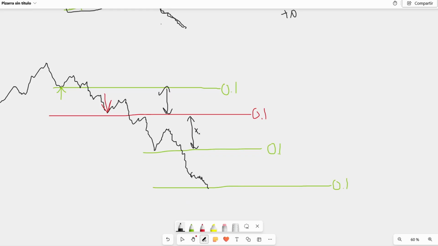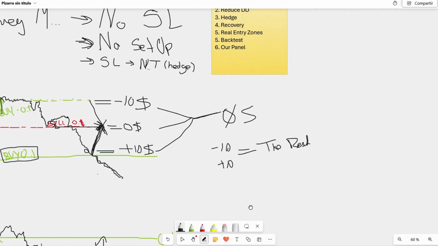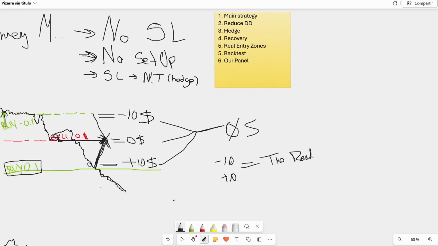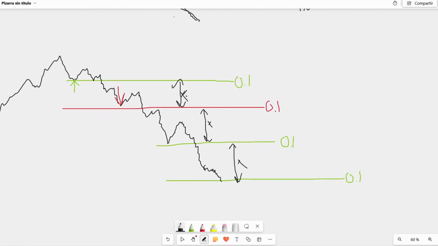This is not for the real strategy. In the real strategy there are no fixed distances, because the distances move with the market. We're going to cover that at 0.5, the real entry zones. We're now just using fixed distances.